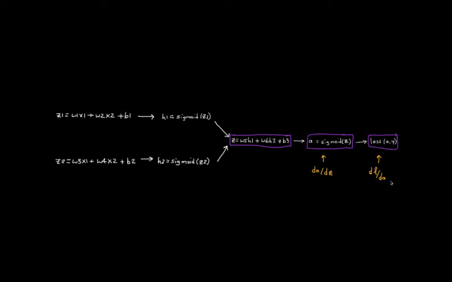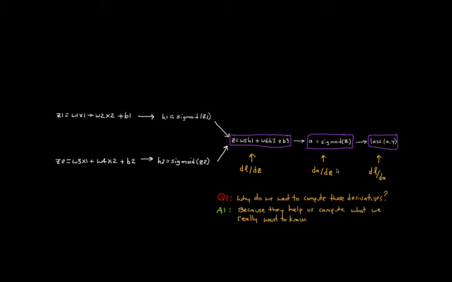Similarly, we want to compute dA/dZ and dL/dZ. dL/dZ, for instance, means if we increase the value of Z a little bit, does that make the loss function go up or down? We want to compute these three terms because they help us compute what we really want to know. We're not actually interested in these terms, but really we need them to compute what we're really interested in.